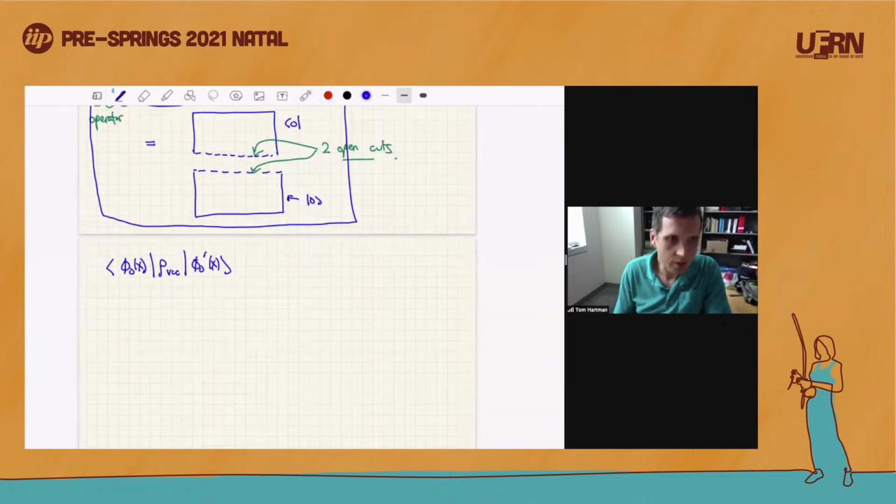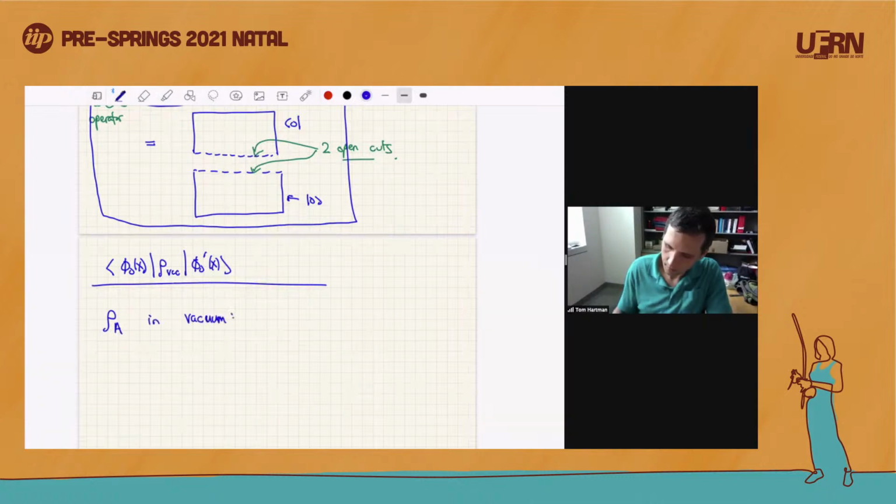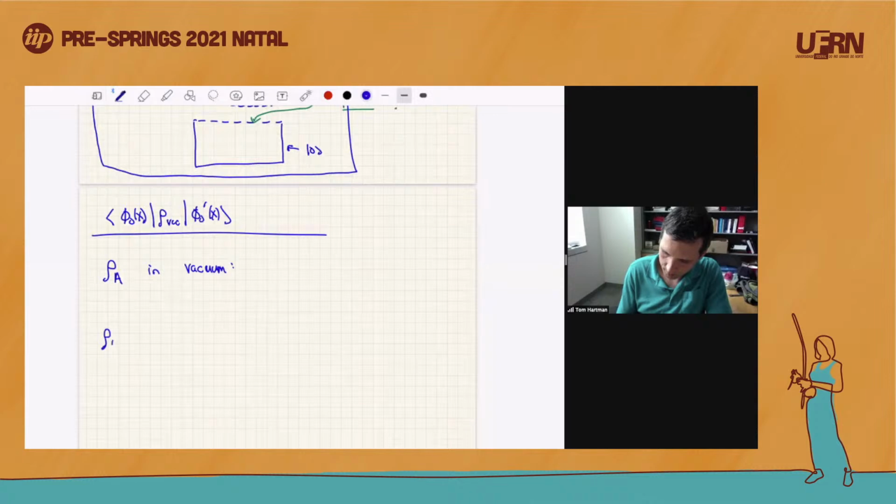Okay, so the advantage of writing things this way is that I can now talk about rho A in vacuum. Okay, so rho A is by definition the trace over a complement of rho vac.